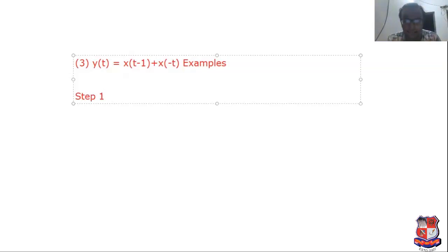Step 1 means apply input 1 to the system. y1 of t equal to x1 of t minus 1 plus x1 of minus t.